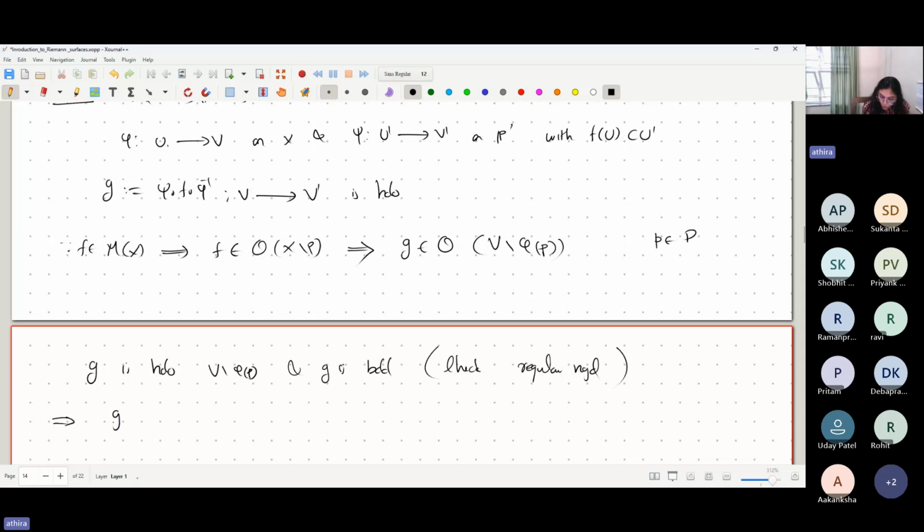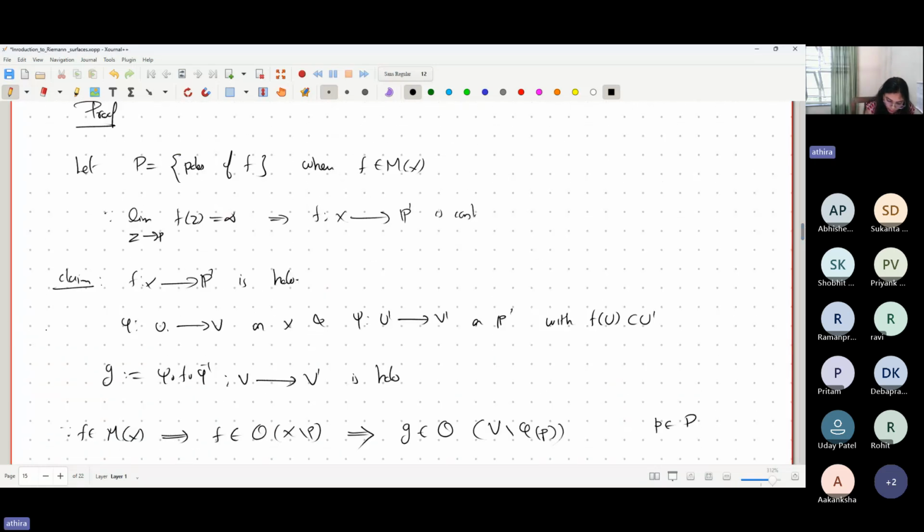That means G has a holomorphic extension to V. That means f is holomorphically extended to U, which contains p, where U is an open set.